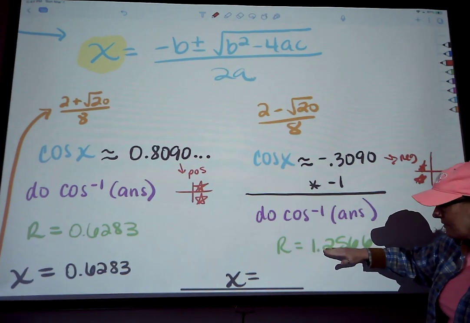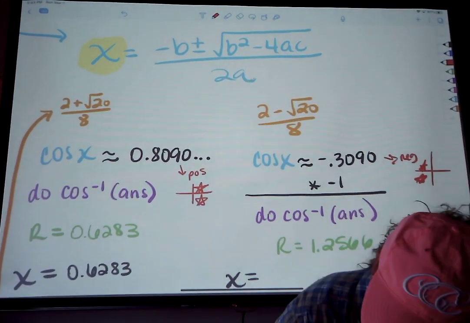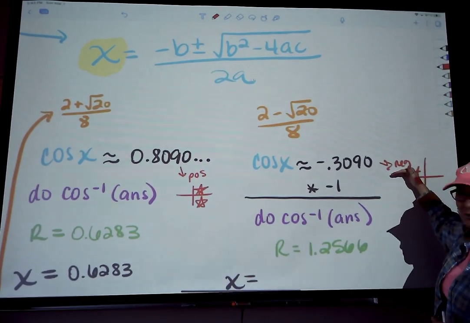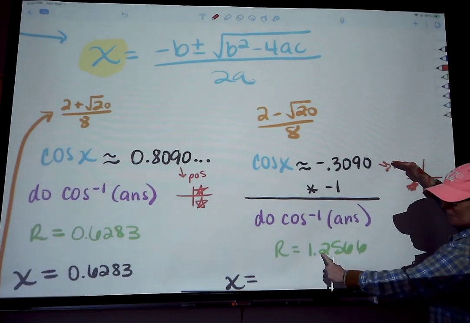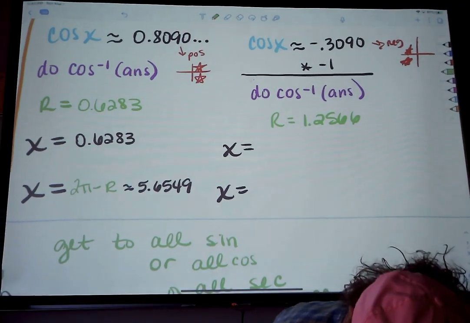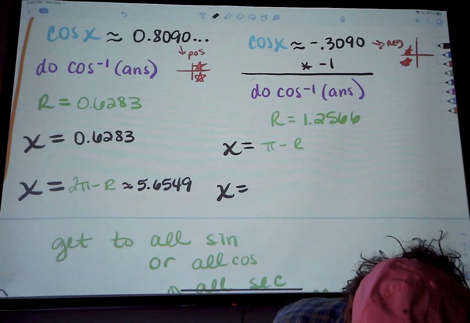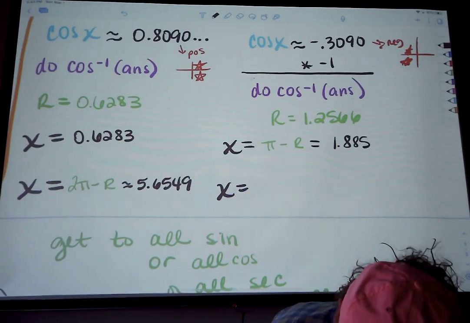Now that I have my reference angle in quadrant 1, how do I get my angle in quadrant 2? Well, you want to go all the way to pi. Just kidding, no, you don't. You want to stop short. How much short from pi are you going to stop? That much. So for quadrant 2, I'm going to go pi minus my reference, which is about 1.8850.